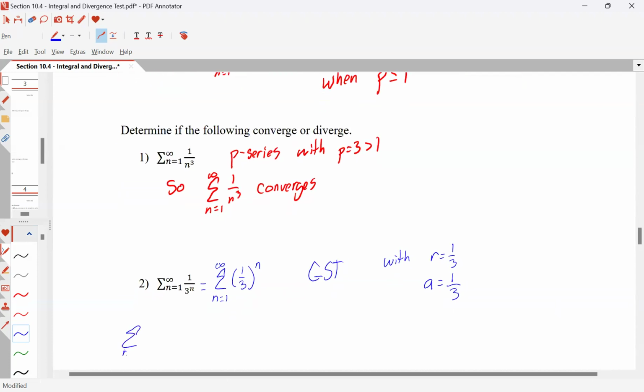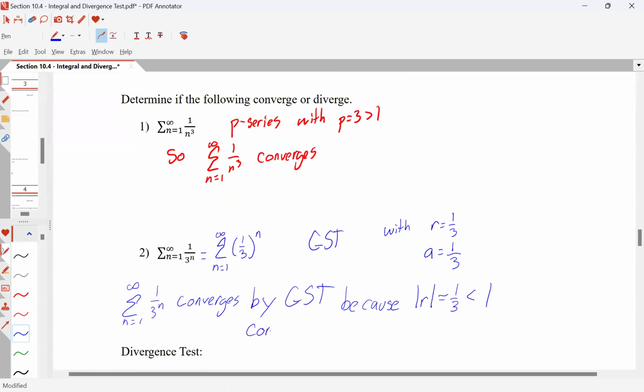So the series n equals 1 to infinity of 1 over 3 to the n converges by the geometric series test because the absolute value of r is 1/3, which is less than 1. And it converges to 1/3 over 1 minus 1/3, a over 1 minus r, which comes out to be 1/2.